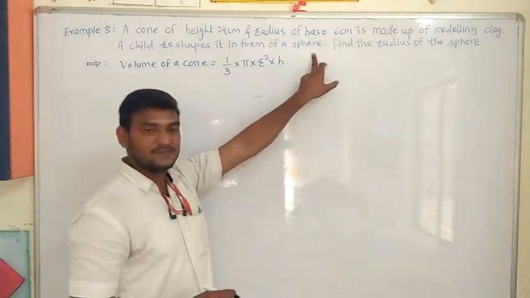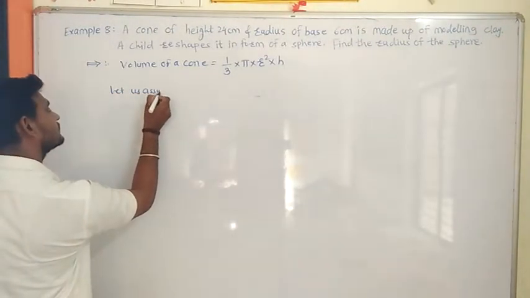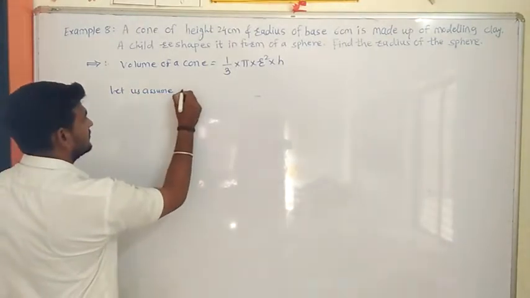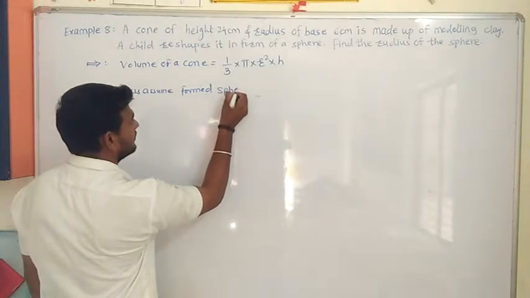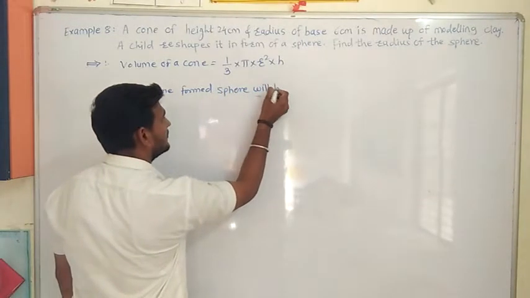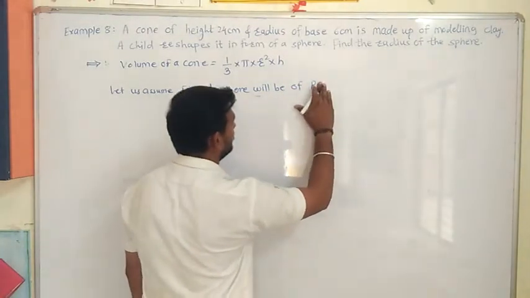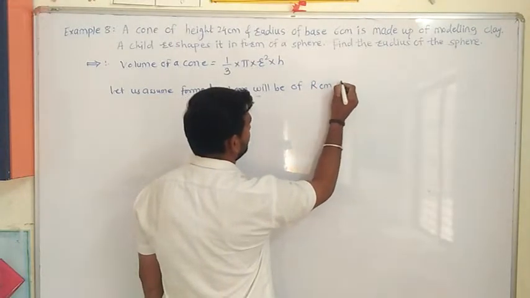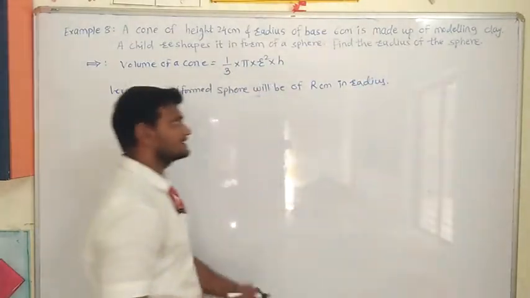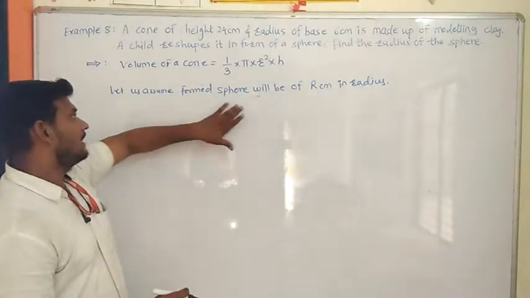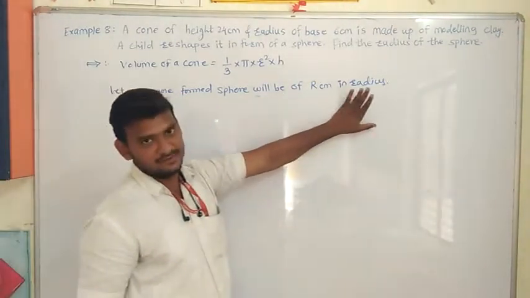Now we will assume the radius of the formed sphere will be capital R centimeter. Let us assume the radius of the formed sphere will be R centimeter.